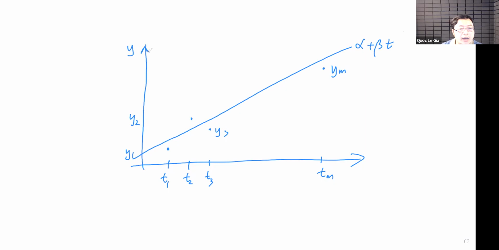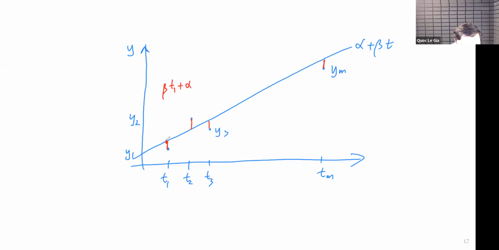So the residual is this distance, and this distance. So what is the red point here? The red point here is not T1, but beta T1 plus alpha.